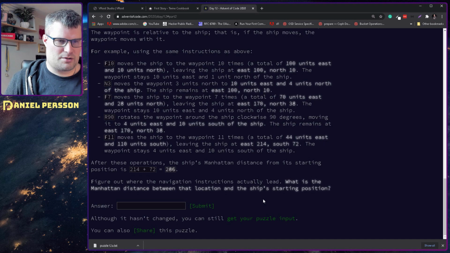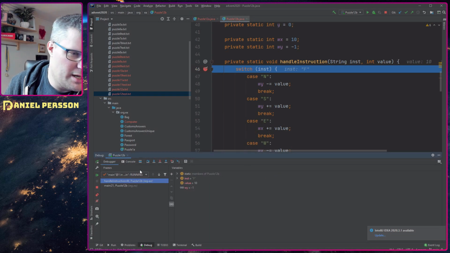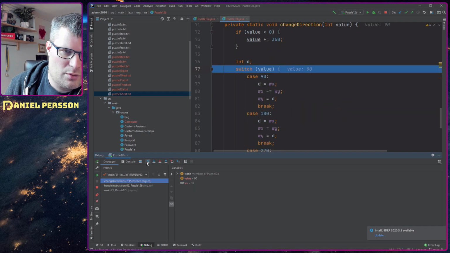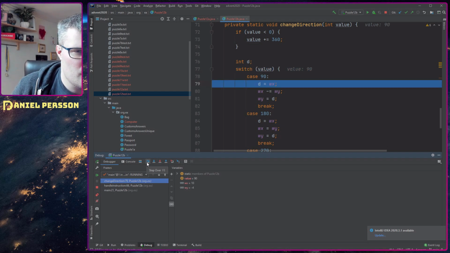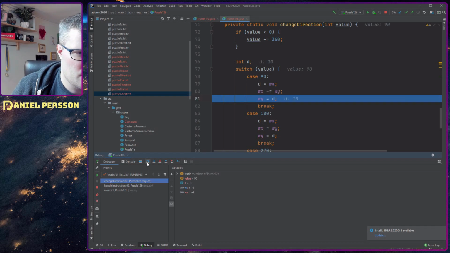396, it's still not correct. Okay, so let's debug a little bit more here. The first one was easy, that was easy, that was easy. Now the rotate 90, and we get here. So first off, we take that value and we set y to x, and x to -y.